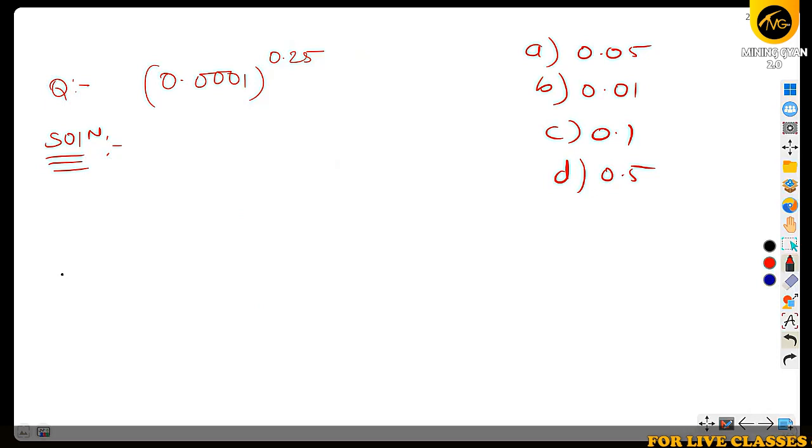Try to convert into whole numbers. That means you can write 0.25 is equal to 25 divided by 100. So the answer from Vishwajit is 0.1. Anyone else? Option C, na? Okay.